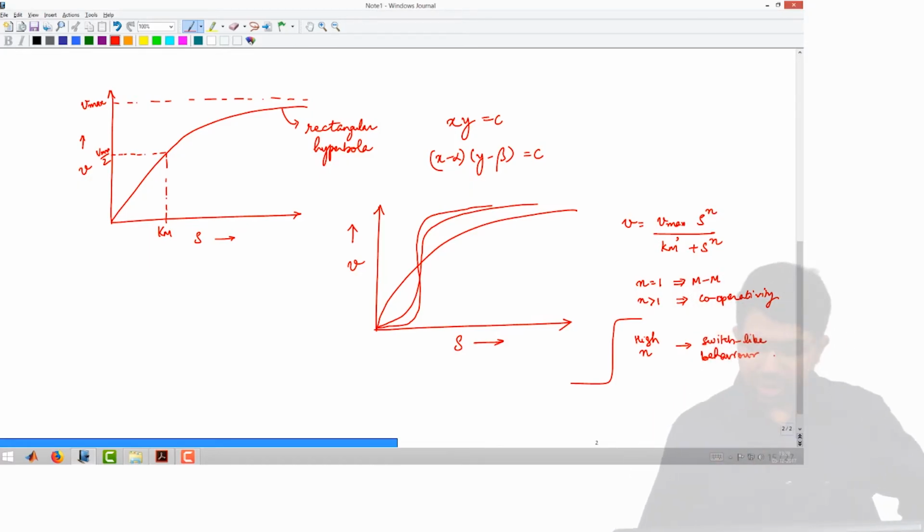But what is it that you actually see on this curve, right? Just look at this curve. When you have more substrate, the reaction really starts proceeding faster, right.